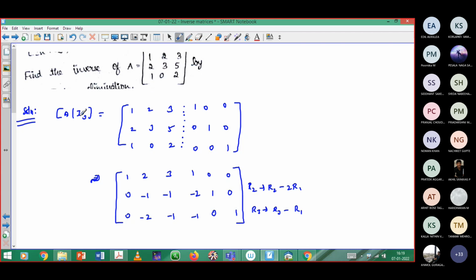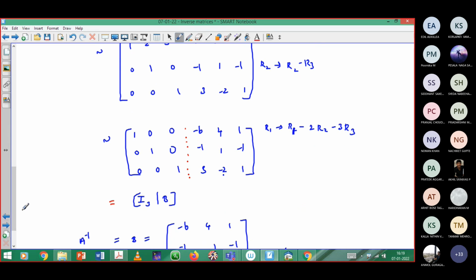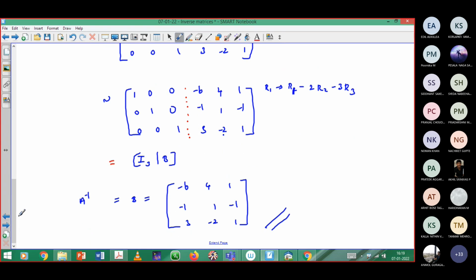For I4 you can add 1 0 0 0, 0 1 0 0, 0 0 1 0, then the final one 0 0 0 1. Then apply the same Gauss-Jordan procedure until the first part of the augmented matrix becomes the identity matrix. After that, the second part will be your inverse matrix. I hope you are clear on this.